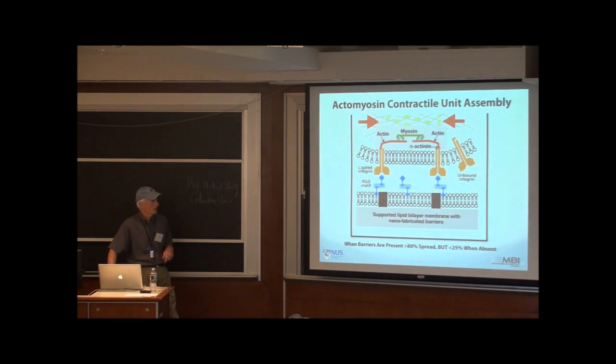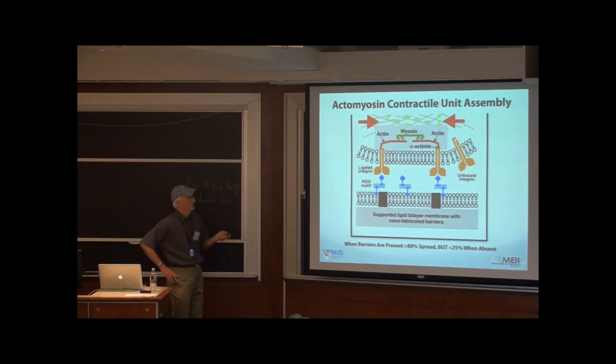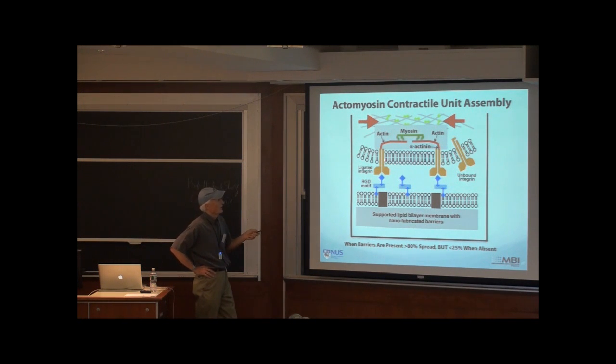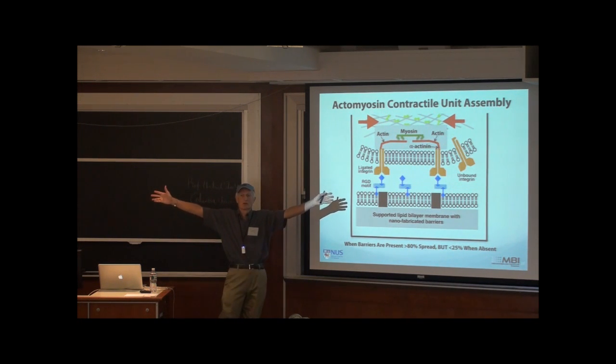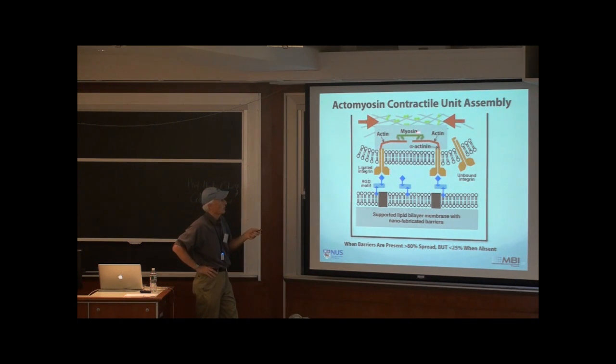So it seems that what's happening is that you have a cluster formation, you have the recruitment of FHOD1, a formin here, which is polymerizing actin from that site in a radial manner, and then myosin now will interact with that actin and actin from neighboring sites and will pull those together.